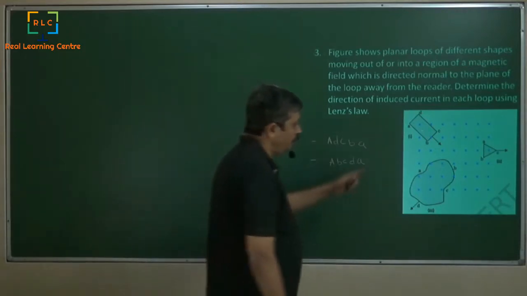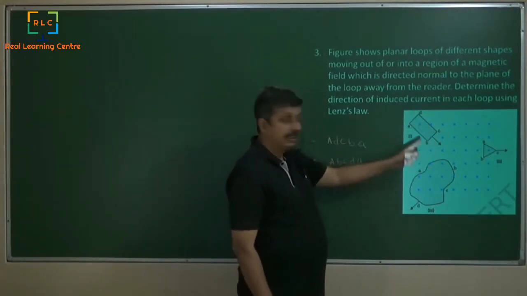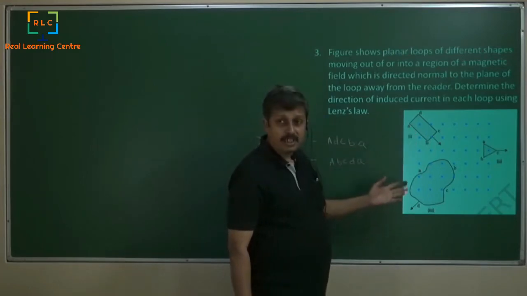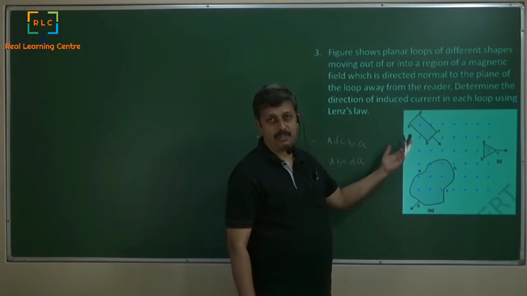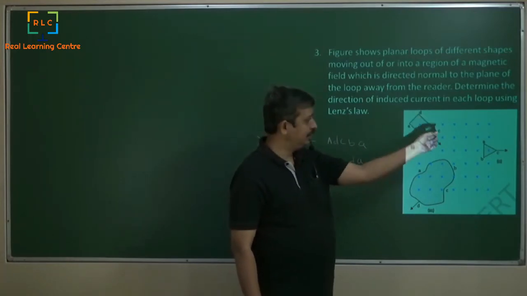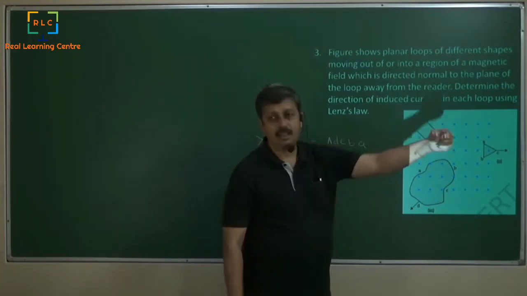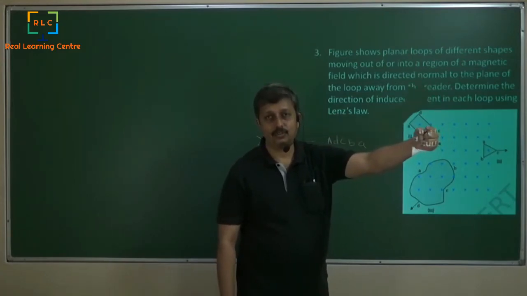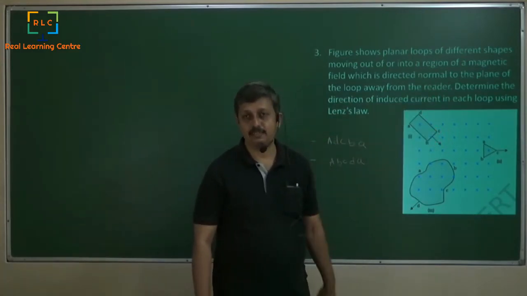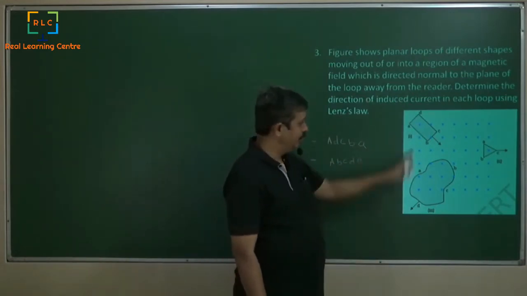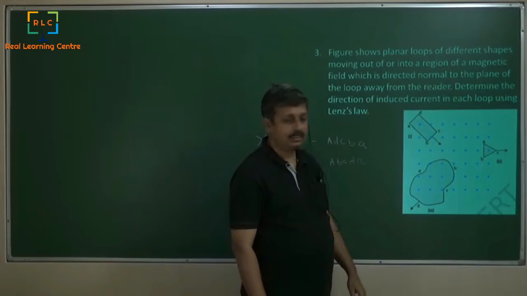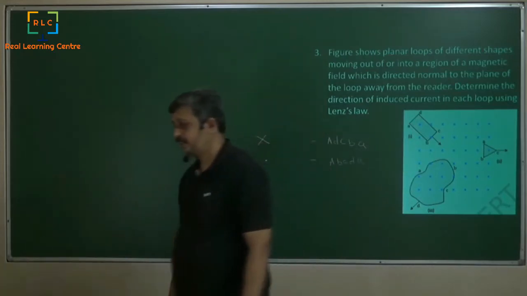Now what you will see here is, how do I weaken the magnetic field? The magnetic field is in this direction. If I produce a magnetic field like this, towards you, it weakens the magnetic field. So to produce this direction of magnetic field, out of the board, what should be the direction of current?